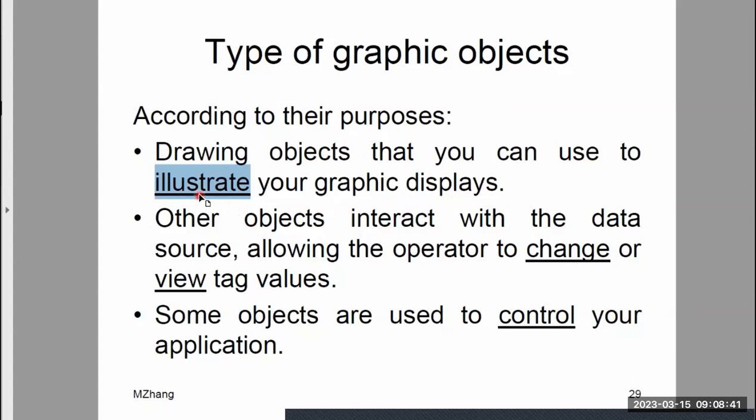Like I mentioned before, it is more like appearance or showing your design. The other type is control, to control your application. That means it allows you to jump to a different display, for example, or to have a pop-up window or close that pop-up.